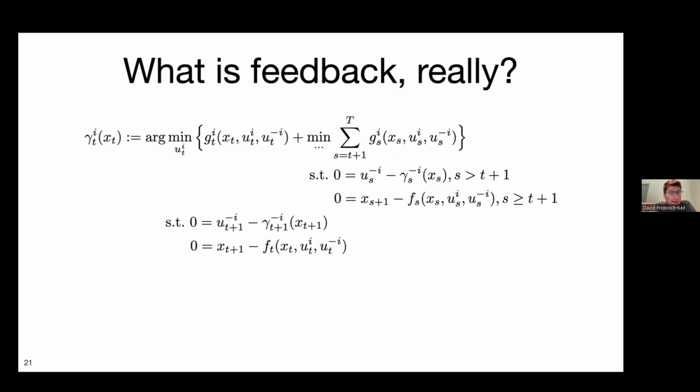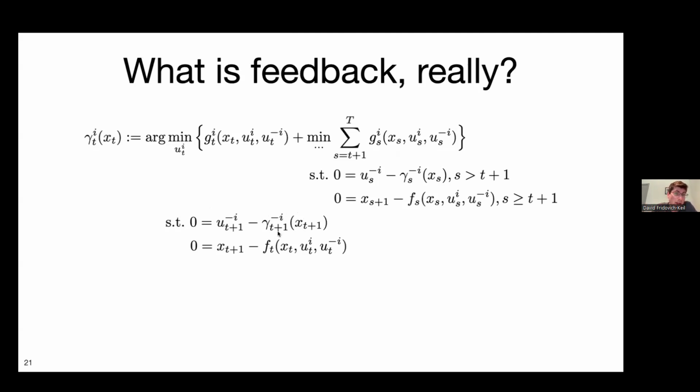Well, if you think about writing down the KKT conditions here, what's going to end up happening is that we're going to have to introduce dual variables, write down Lagrangians, and take their derivatives with respect to primal variables. So if you just think about this constraint that I'm circling with my mouse right now, this guy is a constraint that has to do with the other players' strategies at time t+1.